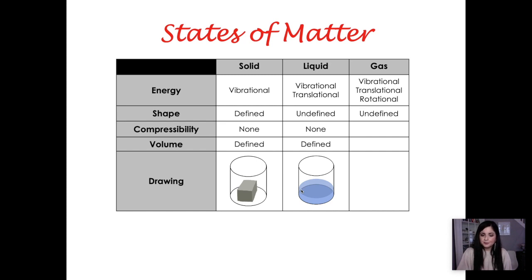It doesn't matter. However, because gases have a lot of energy, if you just look at this, gases have 3 different types of energy as opposed to solids have just 1. If I give the class 10 Red Bulls each, you're not going to want to sit in a very small space.